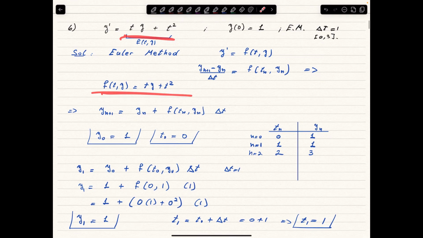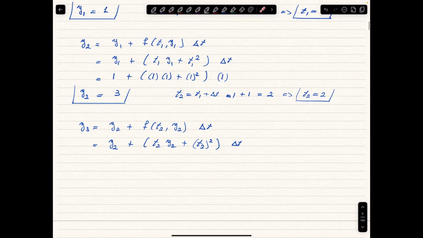This is the right hand side of the equation. Alright, and now we replace everything, and what do we get? y2 is 3 plus, and now we have 2 multiplied by 3 plus 2 squared multiplied by 1. So what do we have? We have 3 plus 2 times 3 is 6, plus 4, multiplied by 1, so 10, so 13.